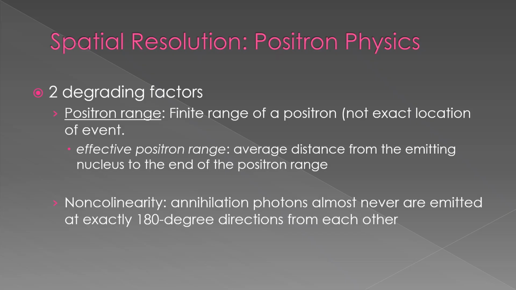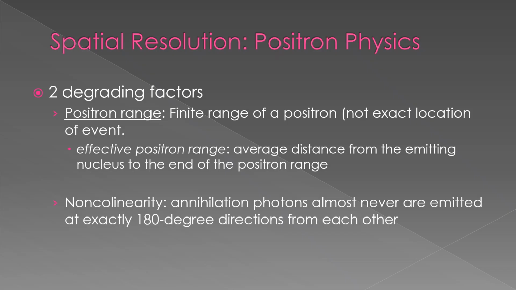It's never gonna be exact, because you have all of these positrons that are decaying off of all of these atoms, and the positrons are going in different directions. They're encountering different tissues, different tissue densities. They have slightly different paths because they're being pulled electromagnetically by different tissues or different elements that they're coming into contact with.